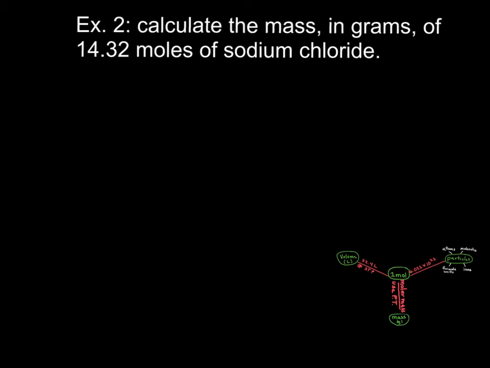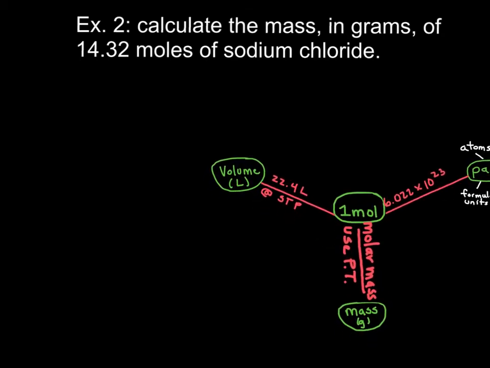Okay, this problem is a little bit different than the first problem. This problem asks us to calculate the mass in grams of 14.32 moles of sodium chloride. In order to do this, we need to look at our mole map, and we're going to be going from moles to mass. The row tells us that we have to use molar mass using the periodic table.